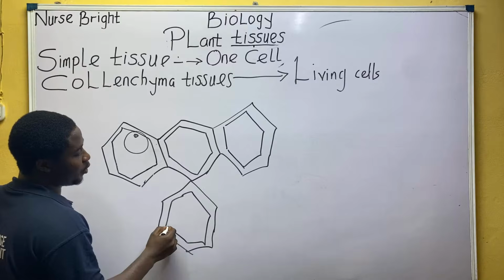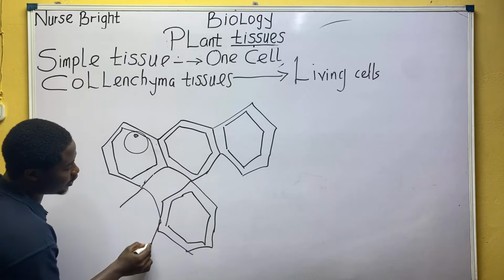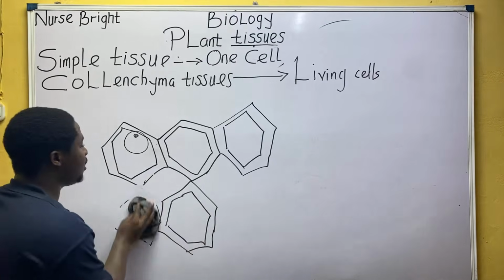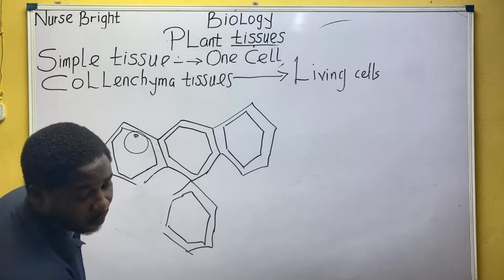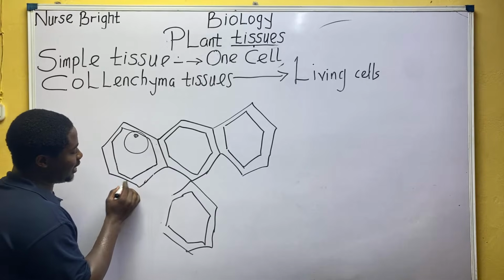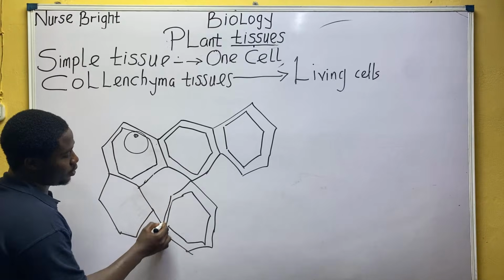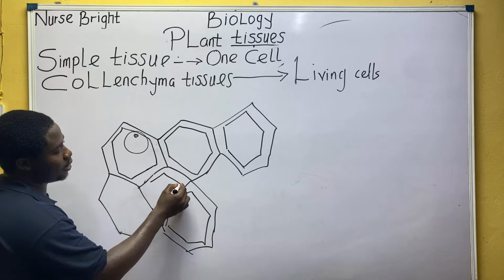You can see the shape because we have different types of collenchyma tissues. You can see the shape of this one. It is not like the shape of the parenchyma. You can see how the shape of this guy looks like.